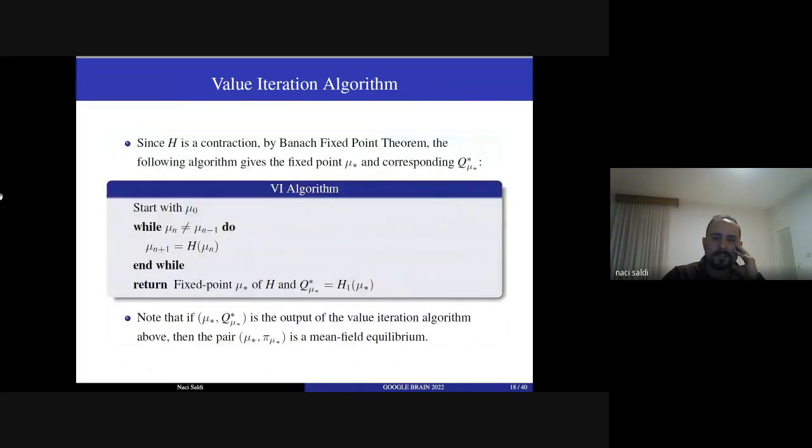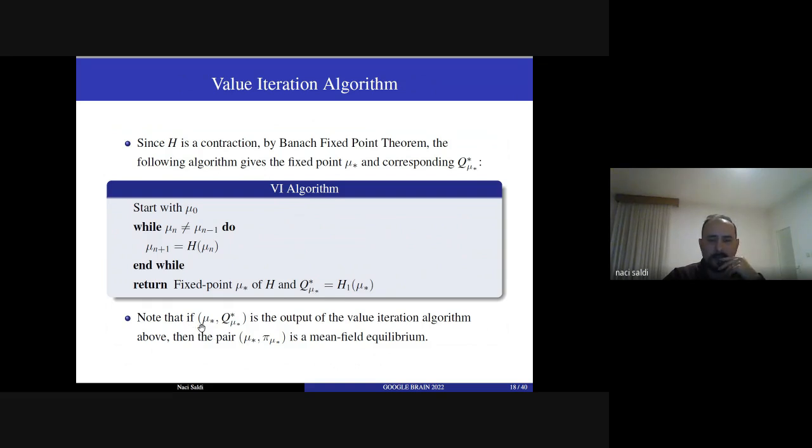Good. Since our mean field equilibrium operator is a contraction, by the Banach fixed point theorem the following algorithm gives the fixed point mu star of H, and also using mu star we can compute the corresponding optimal Q function. Okay, so this is the algorithm, and why are mu star and the optimal Q function important?